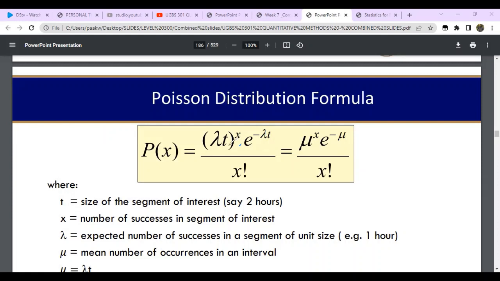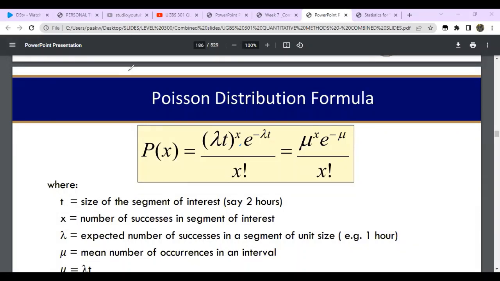And we also know that lambda times t will give you what? Mu. That's the mu here. So lambda times t will give you mu raised to the power x times e raised to the power negative lambda times t, which is also negative mu. So mu raised to the power x times e, the natural log, raised to the power what? Negative mu, all over x factorial.